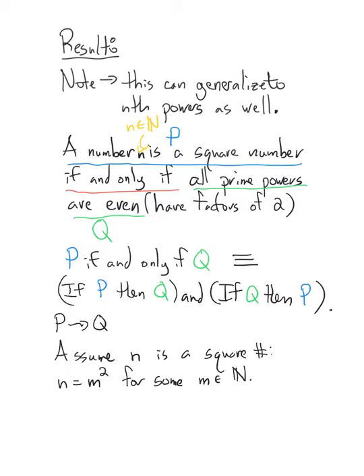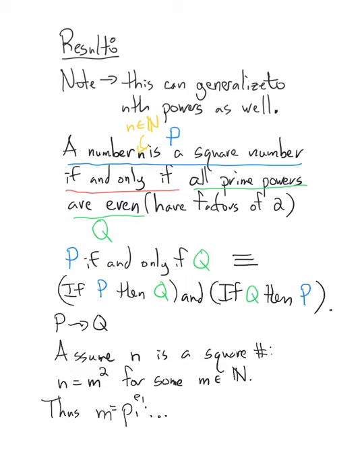All right. So, what does that mean? We can come up with a prime factorization for m. So let's do it. So let's say m equals some prime factorization.